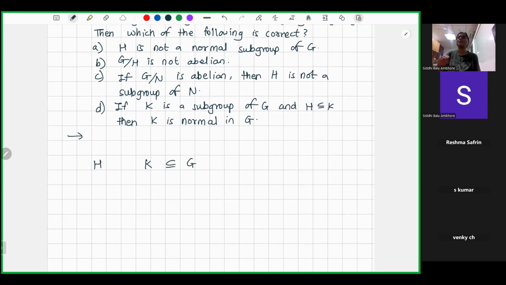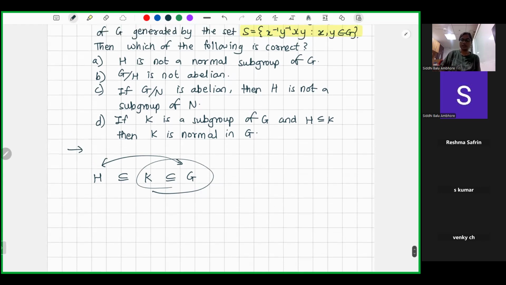K is just a subgroup of G, and H is contained in K. They are asking whether this K becomes a normal subgroup of G or not. That's the fourth option. So let us start with the first question.